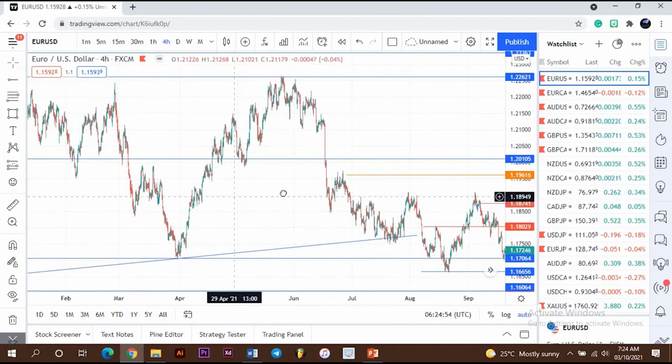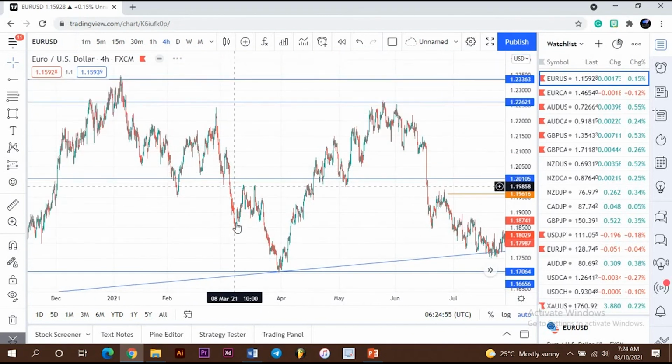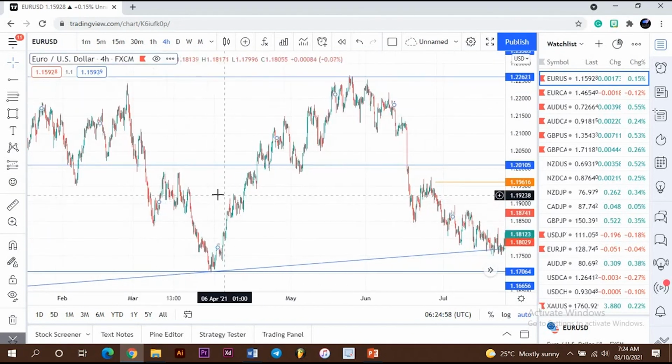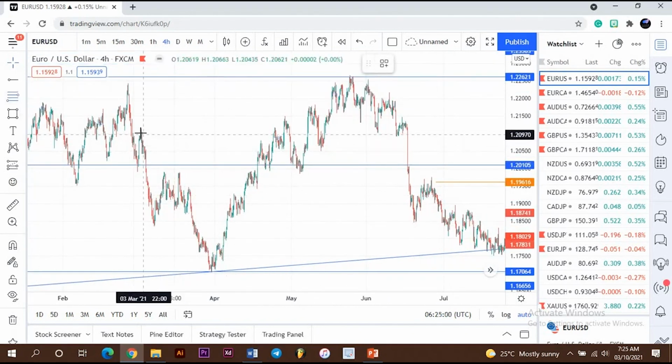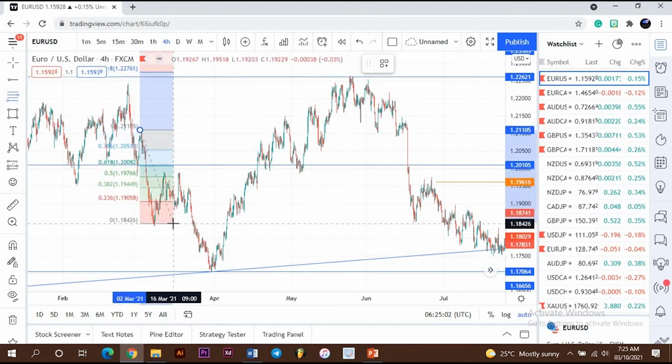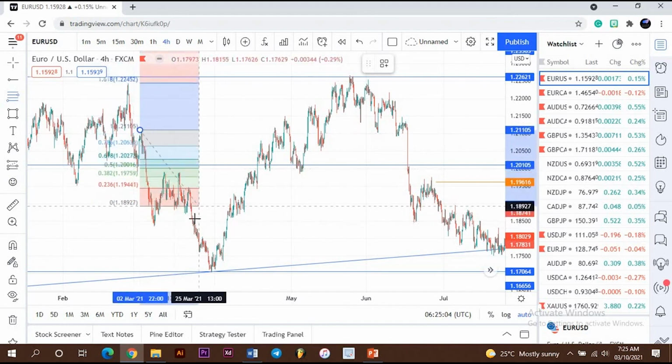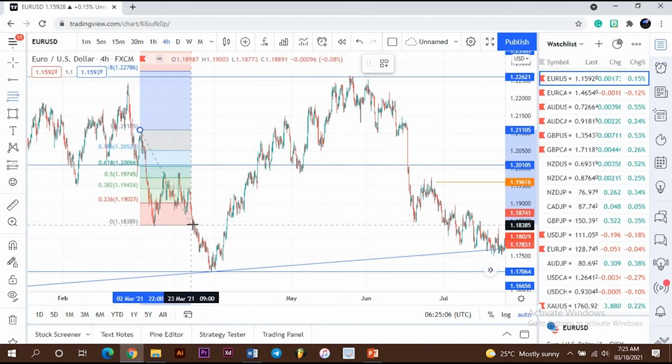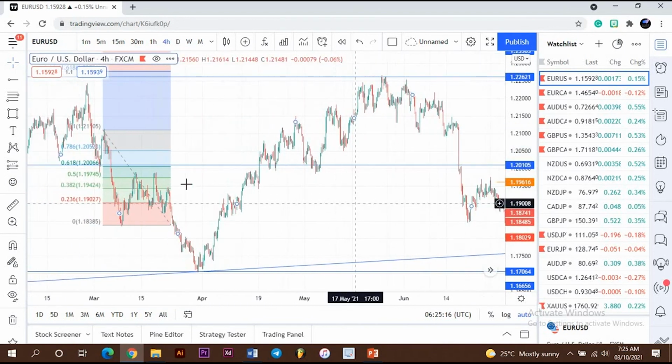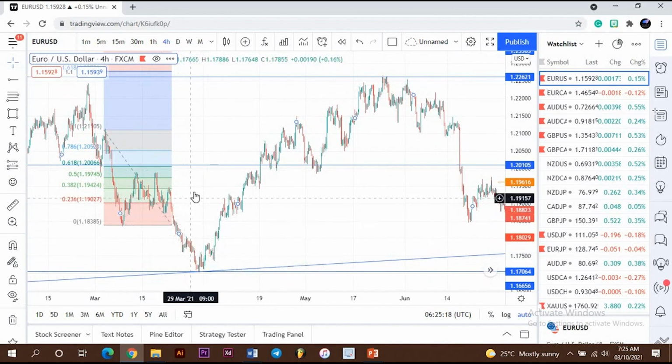Let's look at another sharp movement right here, and the retracement on this sharp movement. It retraced around the 61.8 level, or your 0.618 level, and it continued going down.